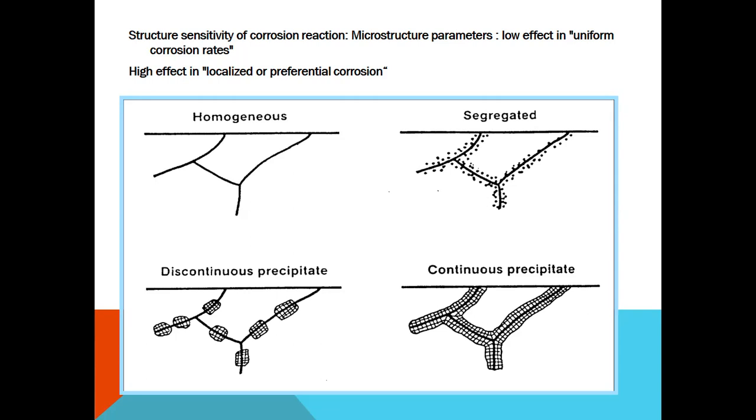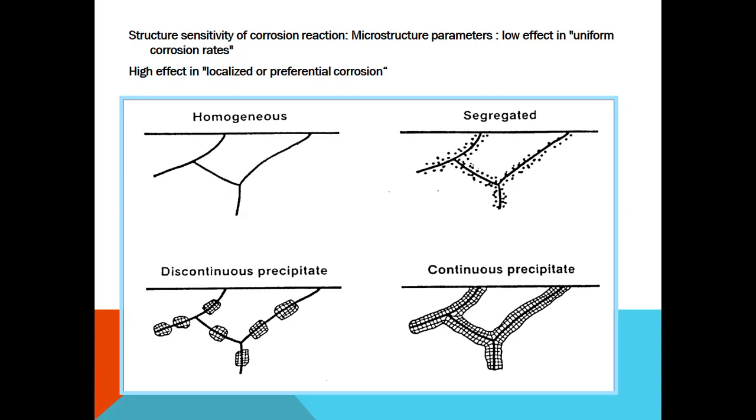The figures explain homogeneous and segregated structure, discontinuous precipitate, as well as continuous precipitate. Continuous precipitate provides high corrosion resistance, but discontinuous precipitate leads to low corrosion resistance.